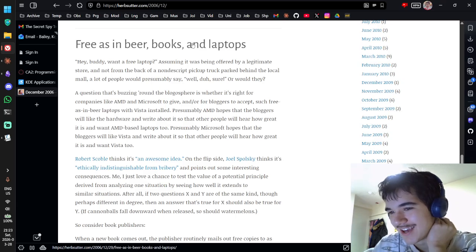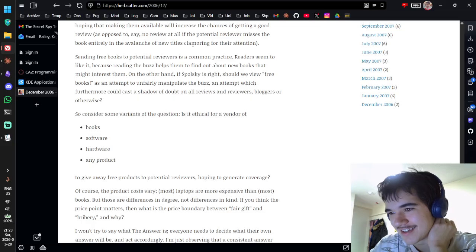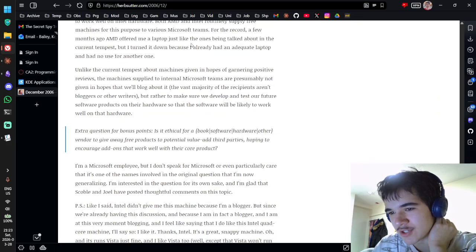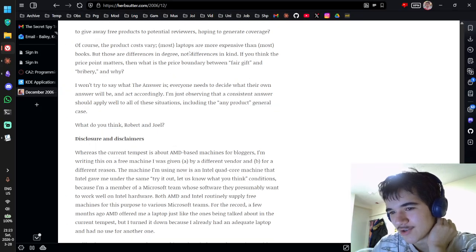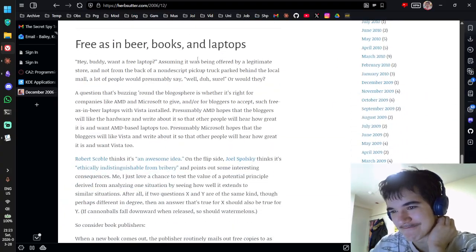No way. So you're telling me that the open source movement was what started Herb Sutter to make his first blog post. Nah, there's no way.